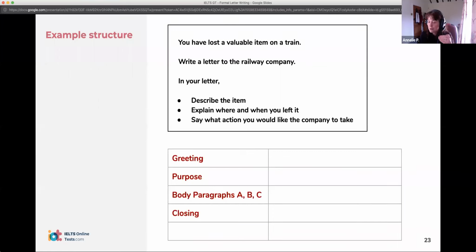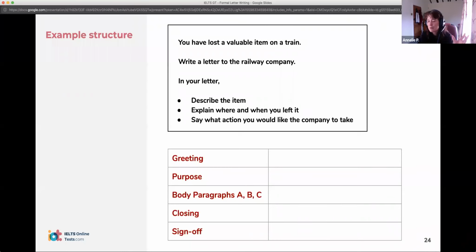Those would be the purposes, and that is how you would want to start your letter. Don't put any titles. There are no titles. And then at the end, you need to sign off. You don't need to give too much detail in the purpose, but we're going to look at some examples in a minute.